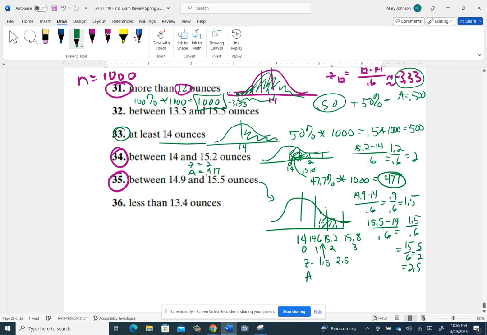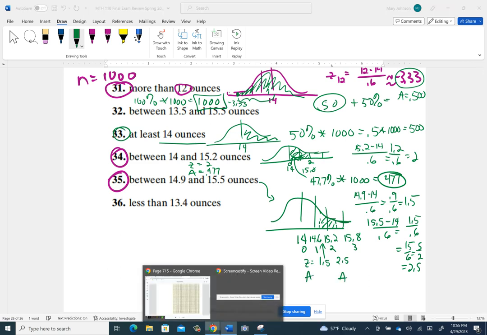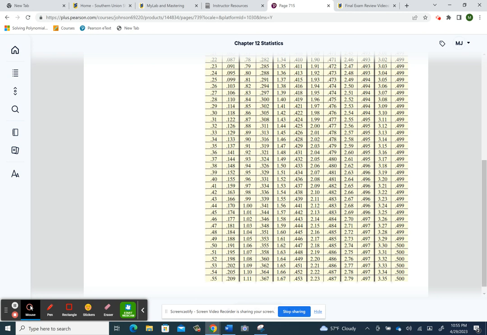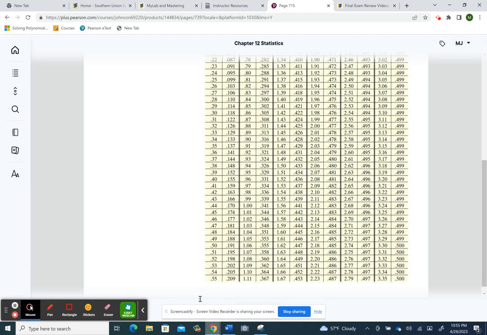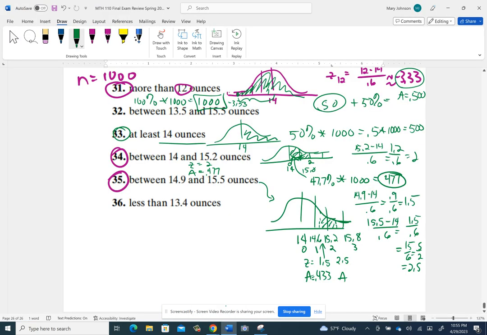So I need the A for each of those. So the A value for 1.5 is 0.433, and the A value for 2.5, let's go back to the chart, look at 2.5, 0.494, okay?